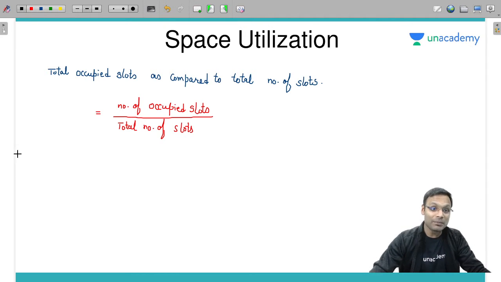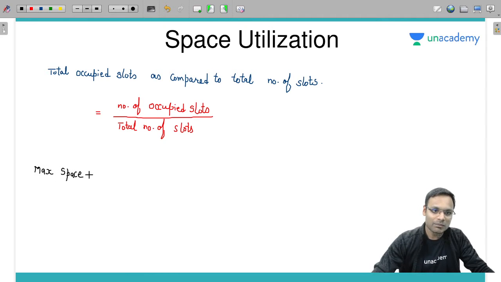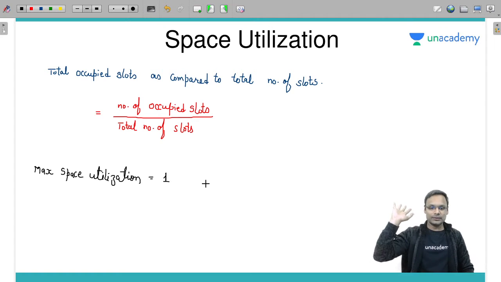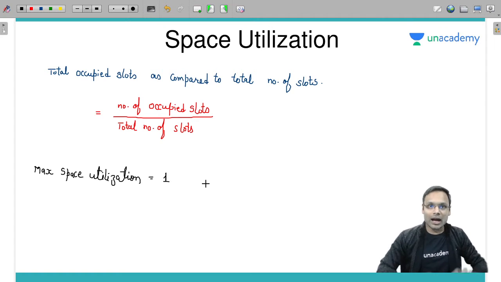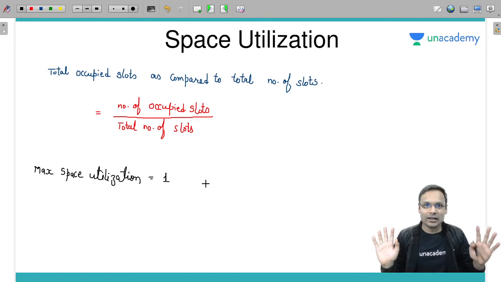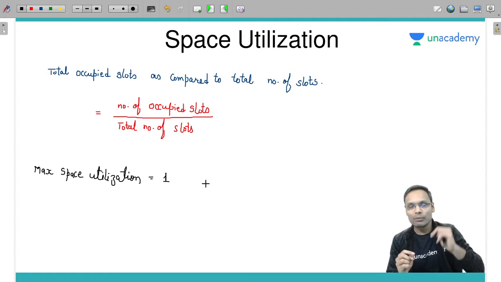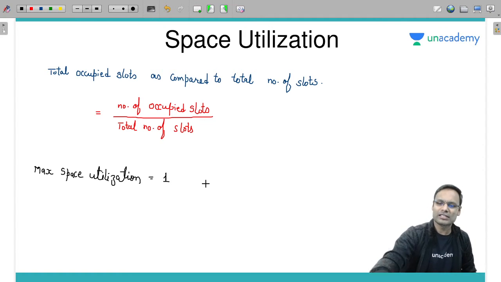So maximum space utilization for any kind of collision resolution is equal to how much? 1. एक से ज्यादा हो सकता है क्या? नहीं. I hope you guys are understanding. नहीं समझ में आता है तो एक बार और देखिए. It's a very simple concept.